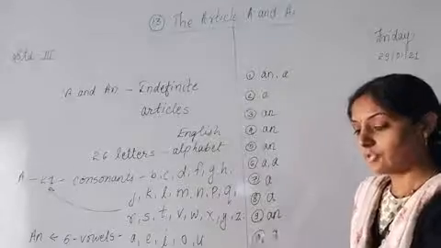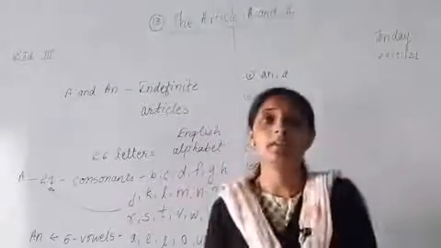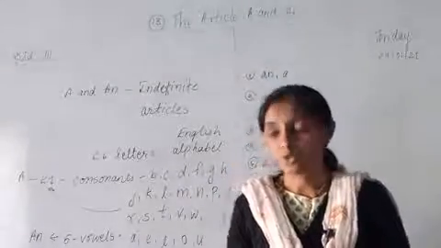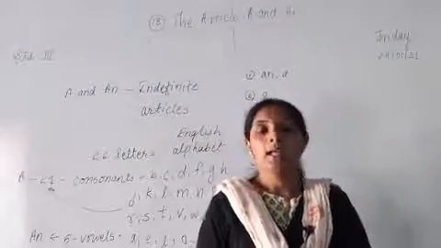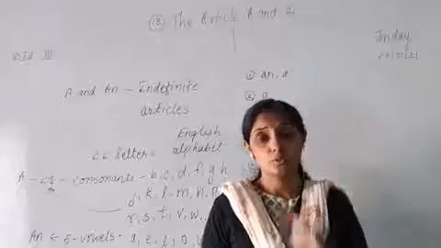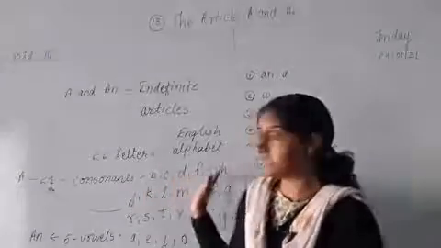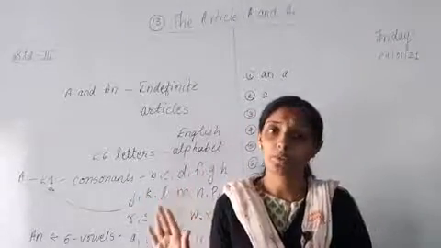In this way we have completed the article a. Keep in mind a is used before consonant words, or words which start with a consonant. Which are consonants? B, C, D. I told you there are a total of 21 consonants.